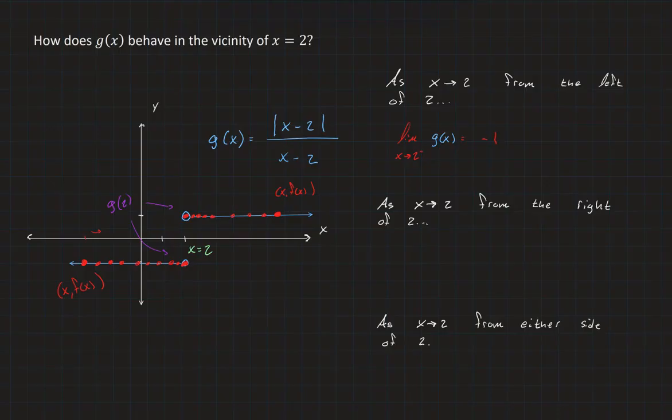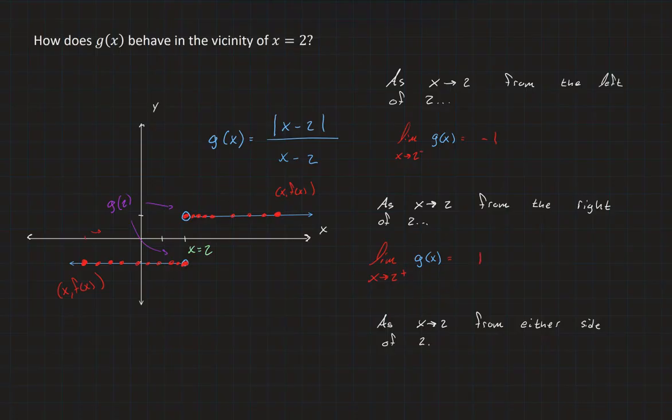So it looks to me like the limit as x approaches 2 from the right of our function g of x is actually equal to +1. We stayed on +1 the entire time. Down here we were down here at -1. Up here we're up here at +1.